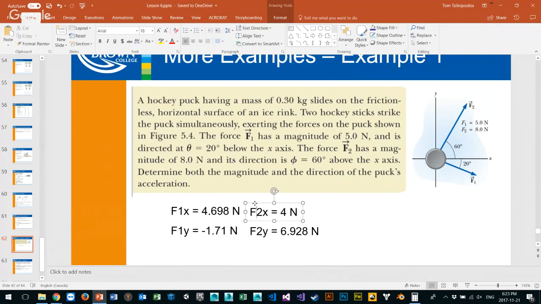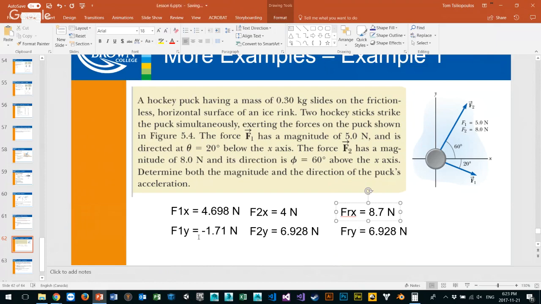The resultant force on the x-axis, we'll call this FR, lowercase r. The resultant force along the x-axis, if you add these things together, would be approximately 8.7 newtons, if we're right.